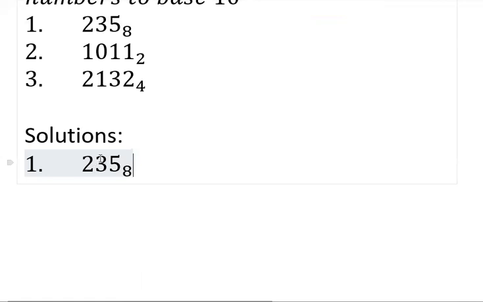if you have any number, like I said earlier on, any number in any base, if you are changing to base 10, this is the method you are going to use. So follow and take note of it. If you have the numbers in this form, they are already in base 8.